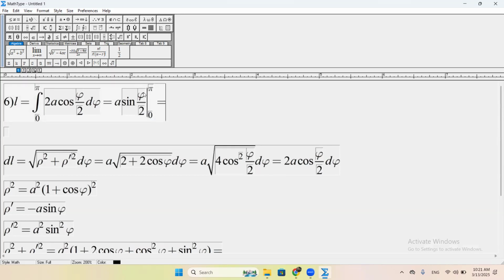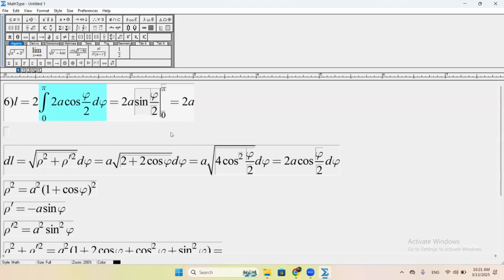So sine of pi over 2 is 1, so the result is a. Any questions about this exercise? Yeah, by the way, sorry, 2 here and 2 here, because we just calculated half of this cardioid in this integral, but we need to multiply it by 2. So any questions about this exercise?